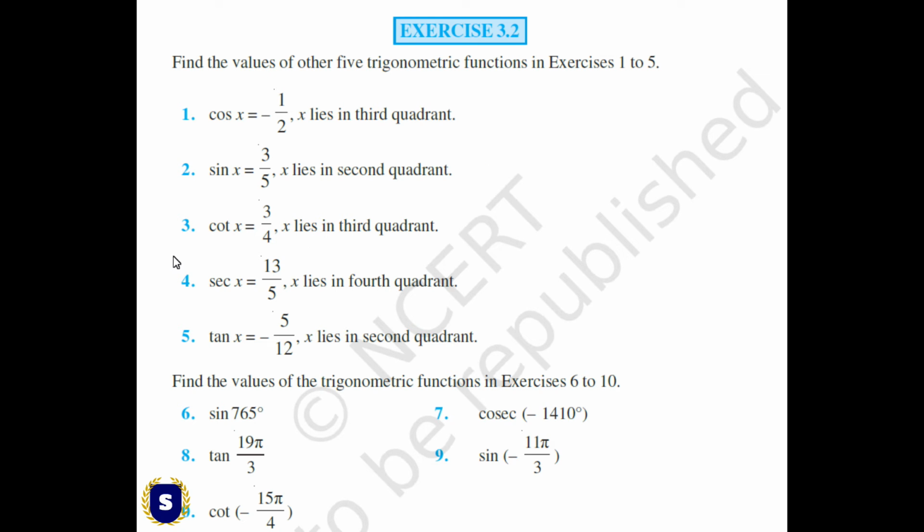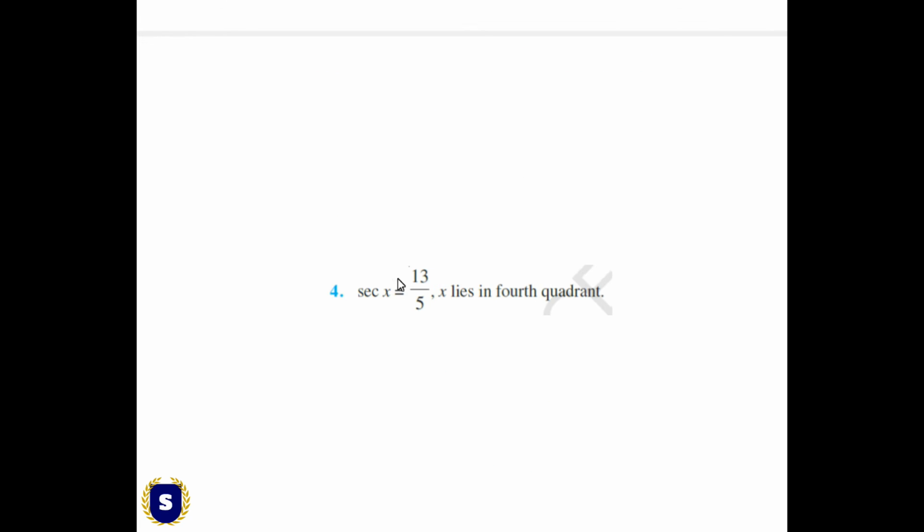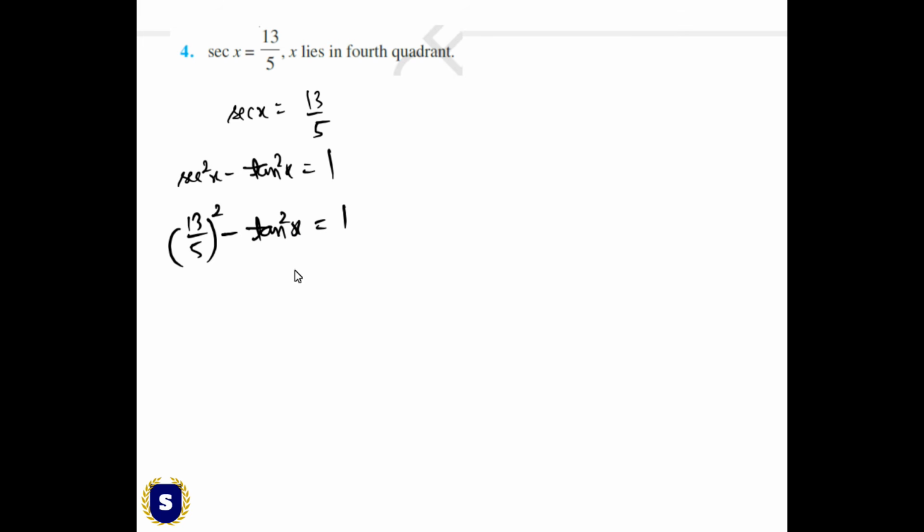Question number 4. I have been given the value of sec x as 13 by 5. I can use the formula sec square x minus tan square x is equal to 1. Putting the value of sec x as 13 by 5, I can calculate the value of tan x.